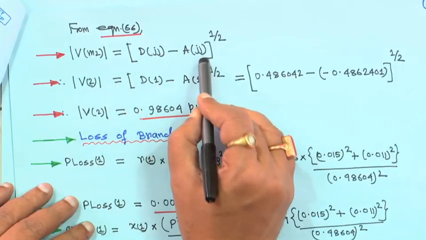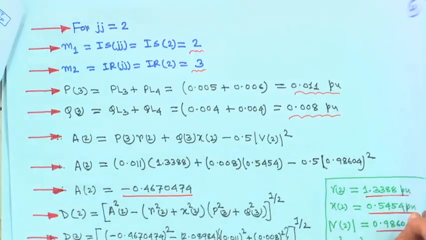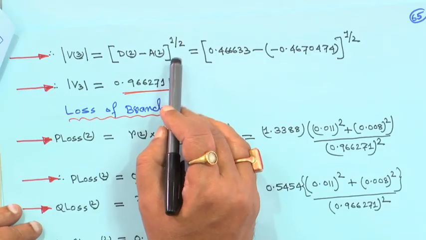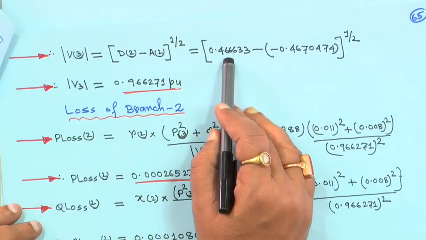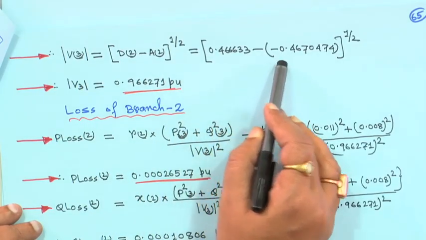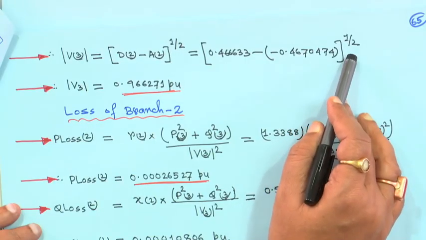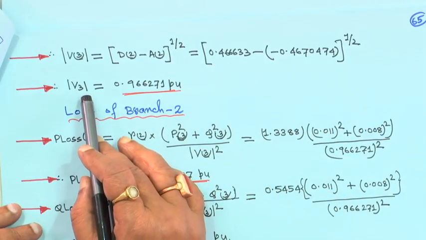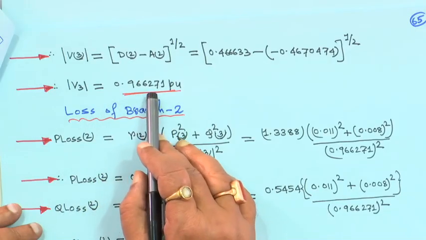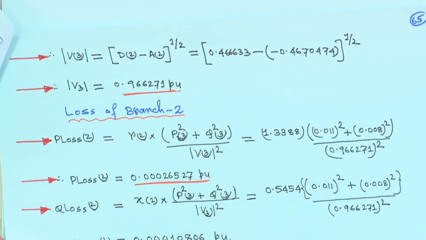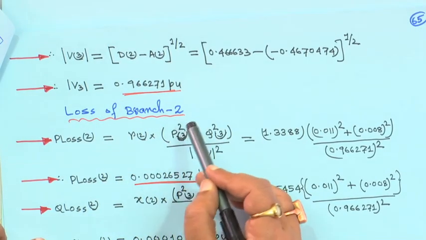Therefore, your V3 will be D2 minus A2 to the power half. Substitute: 0.4666333 minus, in brackets, minus 0.4670474, to the power half. So, the magnitude of V3 will be 0.966271 per unit. Then we will compute the loss of branch 2.